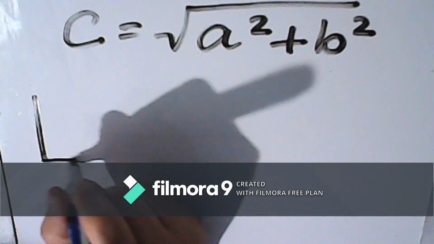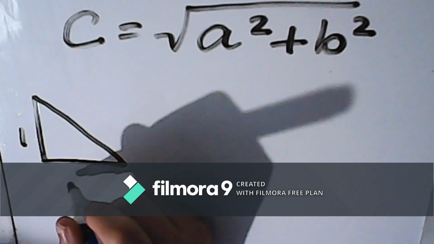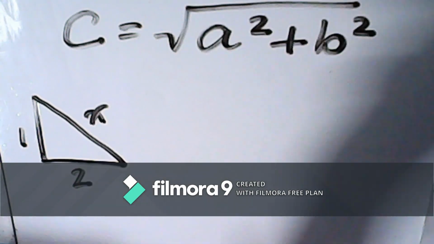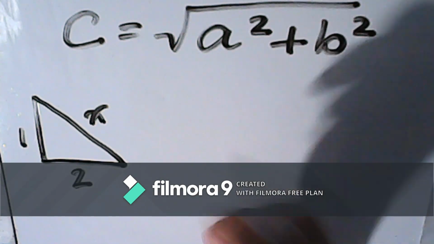Going back to our triangle, A is 1, B is 2, and C is x. Substitute the values that we have to our formula.